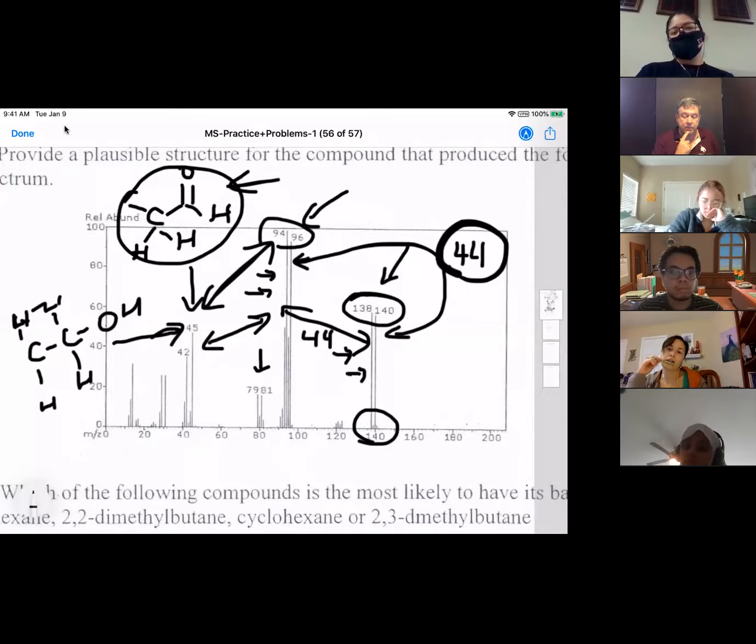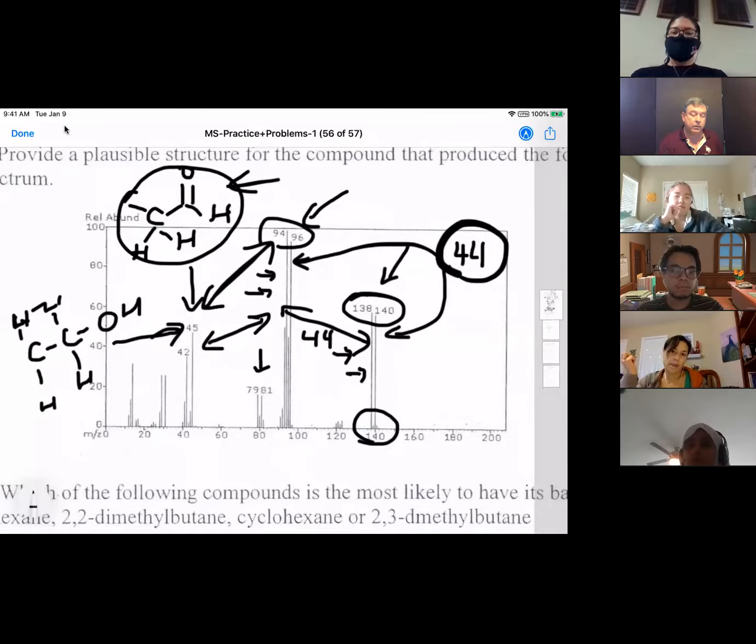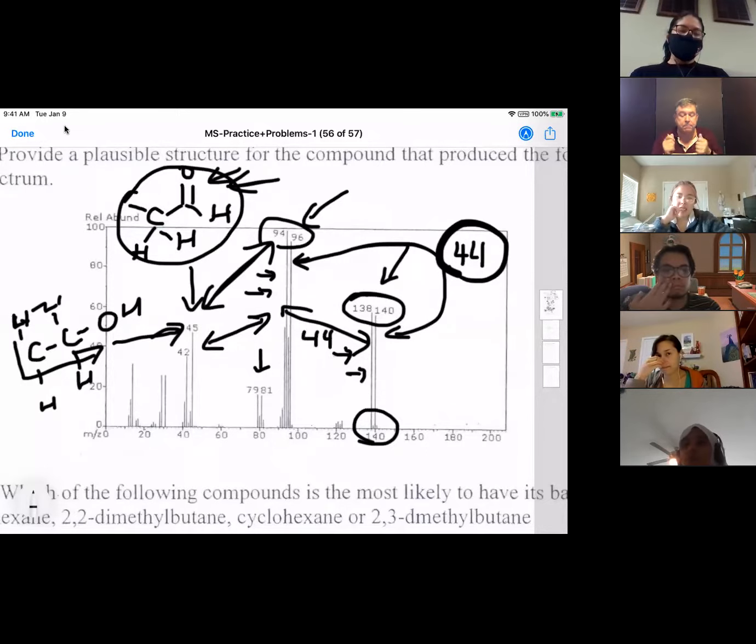So based on what we have here, the bromine was on it with a 44 fragment, which would be 2 carbons, and the loss of a hydrogen here would give us that, and then that would give us that. What do we have?